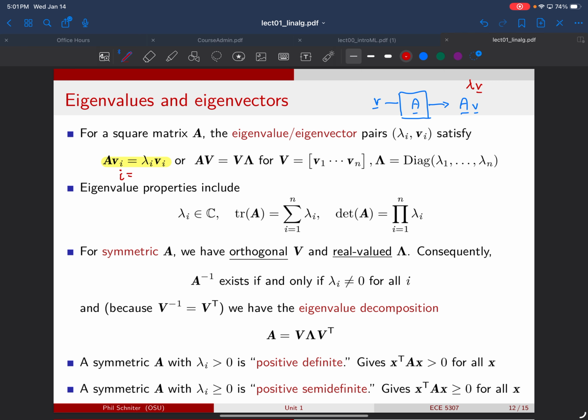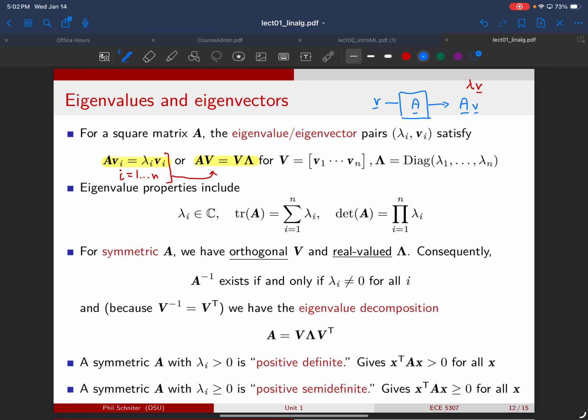This is for i going from 1 all the way to n. I can express that like this. So what I've done is I've just stacked the different little v's here. And now, because this is a diagonal matrix, let me visualize this for you.